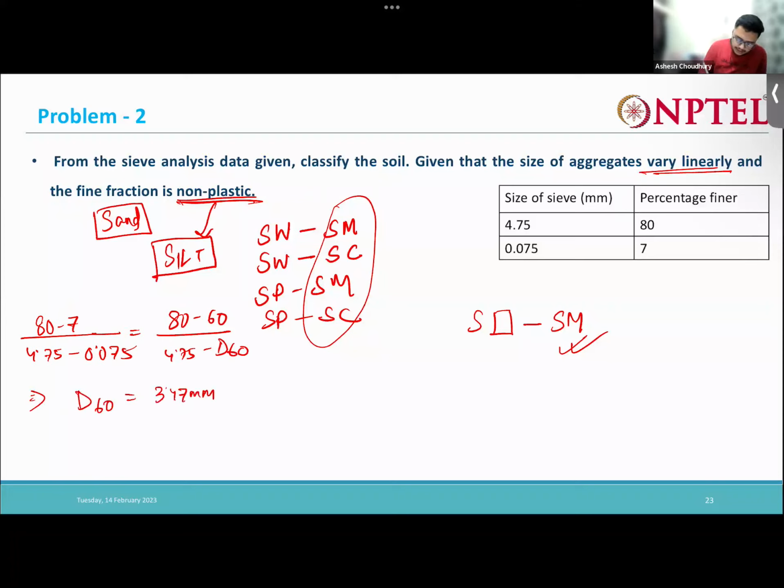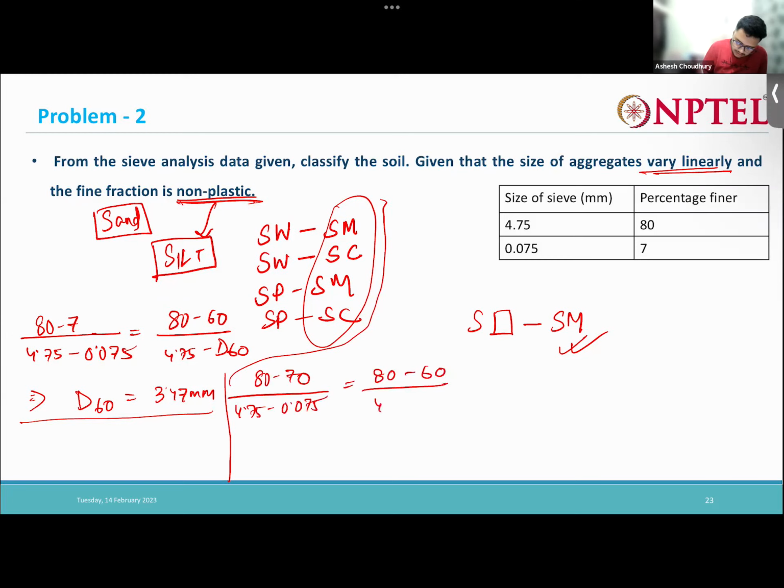Again, similarly, we can find out D30, that is 80 minus 7 by... so D30 will be... similarly, in the same fashion, you can calculate the D10 size.